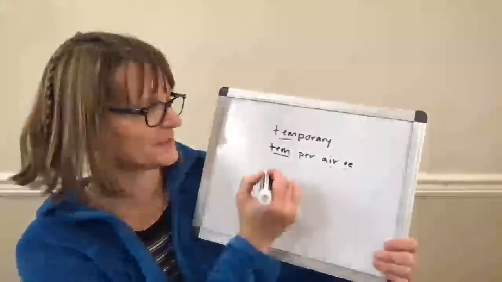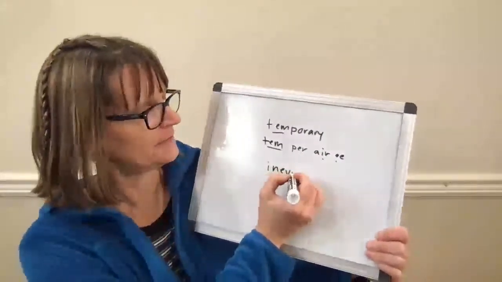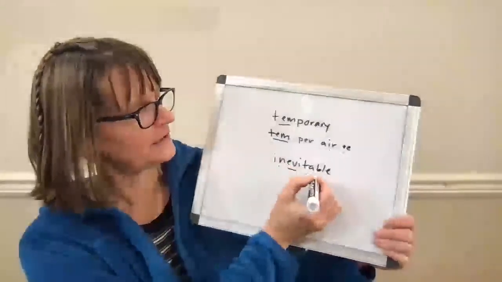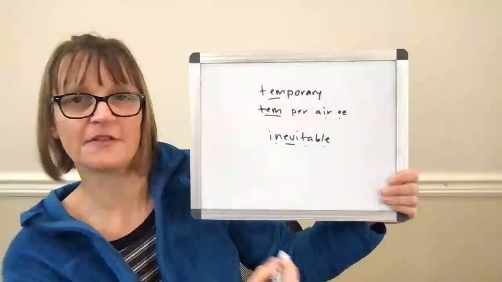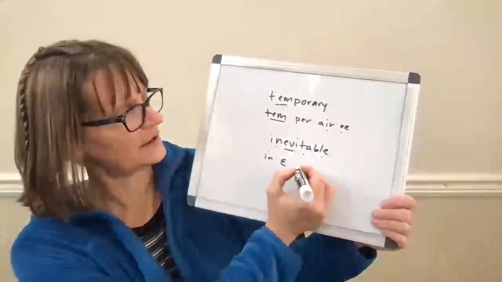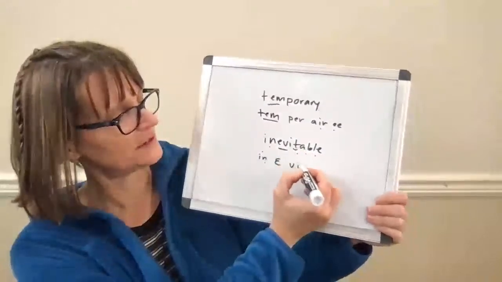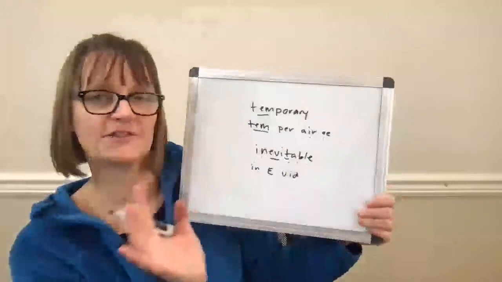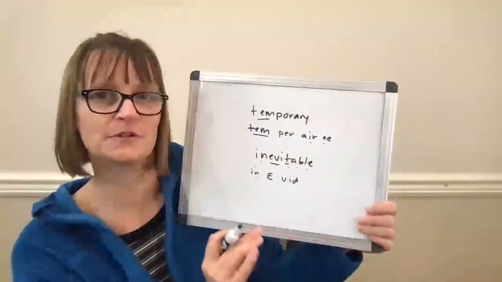And then you also asked about inevitable. So inevitable, stress on the second syllable, light and short on your in. This T is more like a D, a flap. This able by itself, able at the ends of words, bull.